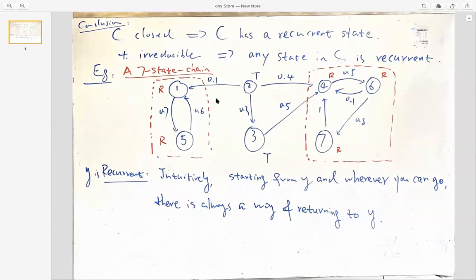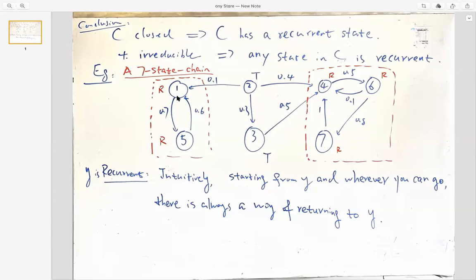So this is just the example in the textbook. They have 7 states, like 1, 2, 3, 4, 5. So this is the transition probability. If there is a self transition, we just ignore that. So it's very easy to determine the recurrent states and the transient states, as I said in the last lecture.